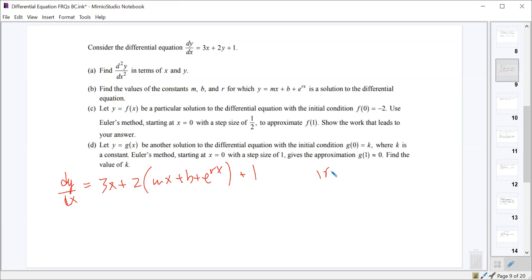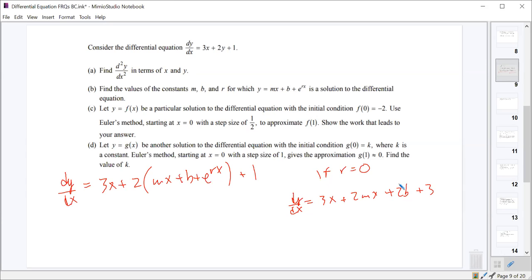So let's say if r is 0, then we just end up with our differential equation here. What does it become? It becomes dy/dx equals 3x plus 2mx plus 2b, and then that becomes plus 2, and then plus another 1. That ends up becoming plus 3.